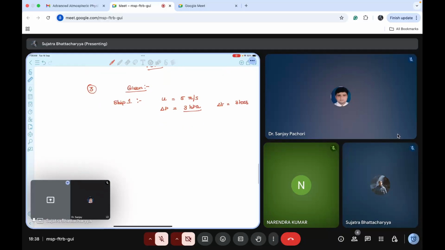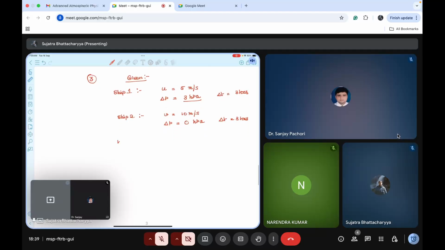Now, what about ship two? Ship 2 was steaming northward, northward means positive, at a rate of 10 meters per second. And it has noticed that the pressure in the 3 hour period changes by zero. So 0 hectopascals, with delta t equal to 3 hours. This is what is given in the question.